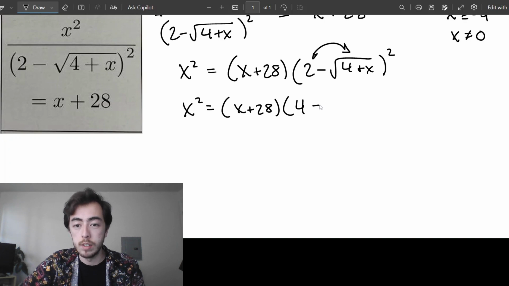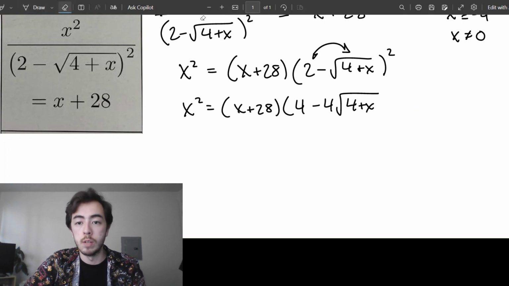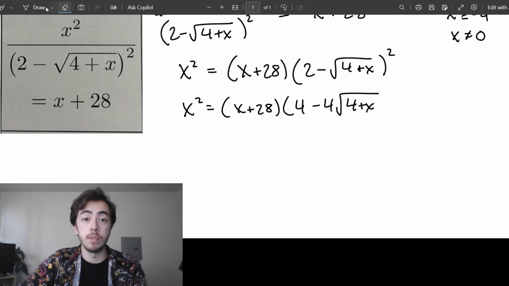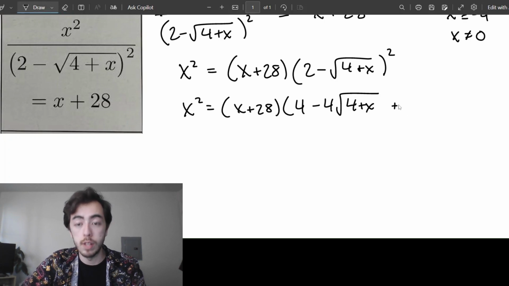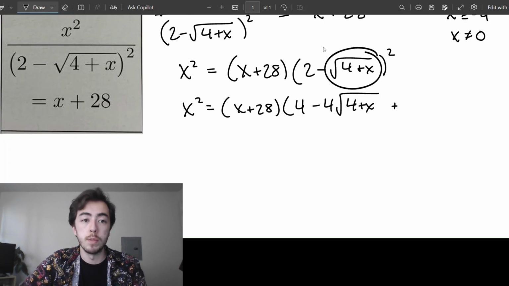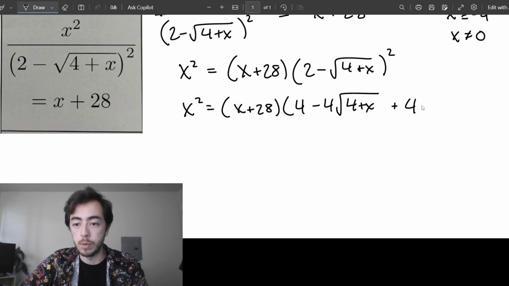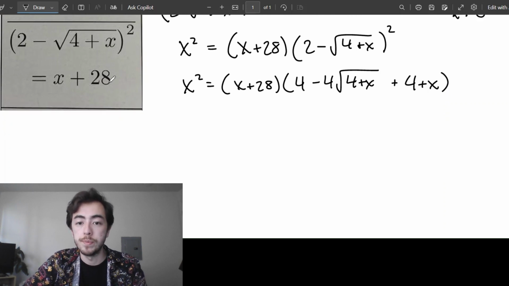So I'll do minus 4 root 4 plus x. And then we are going to do the last times the last. A negative times a negative is a positive, so that's why this is a plus. And then multiplying a root by itself just gives you whatever is underneath that square root sign. So I've now expanded out that term on the right.